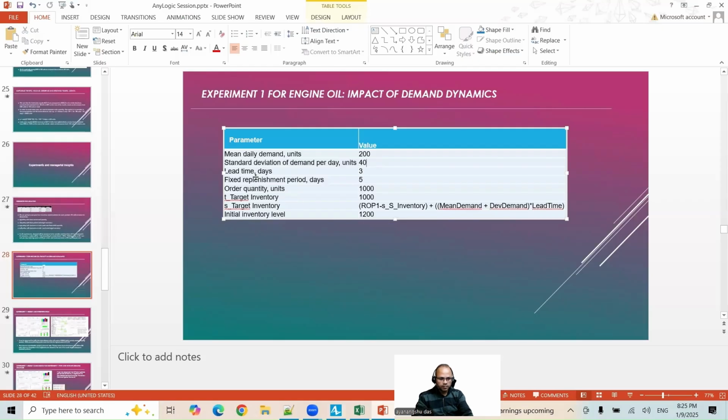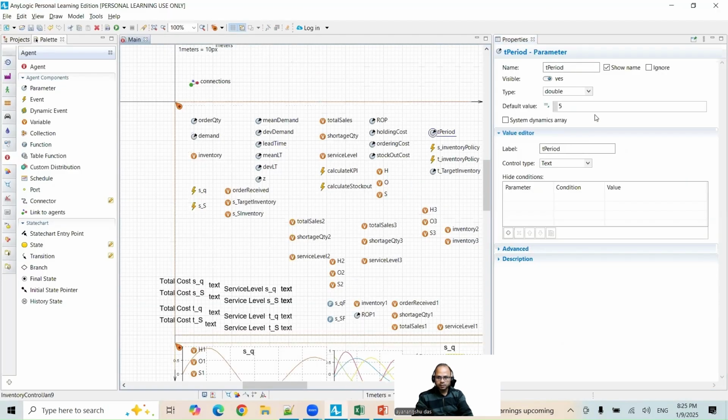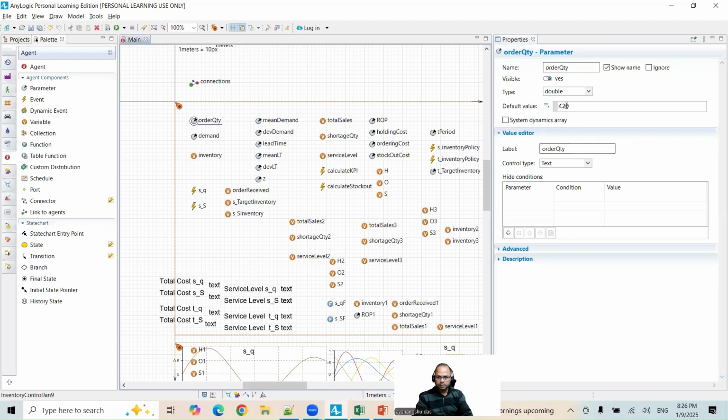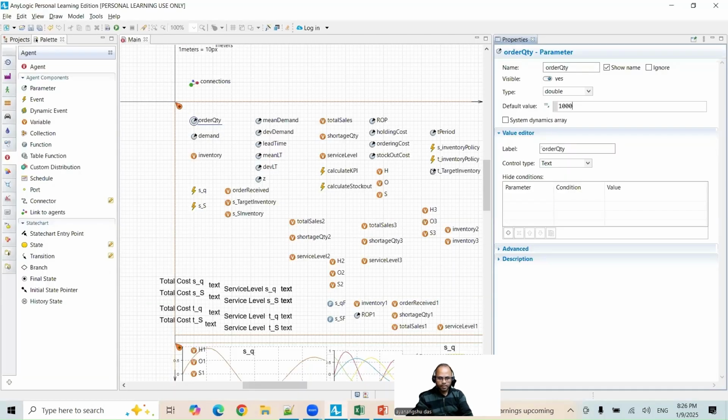Then we'll have the fixed replenishment period of 5 days for the T inventory policy. And then the fixed order quantity would be 1000 units. And the target inventory for the T policy will be 1000 units.